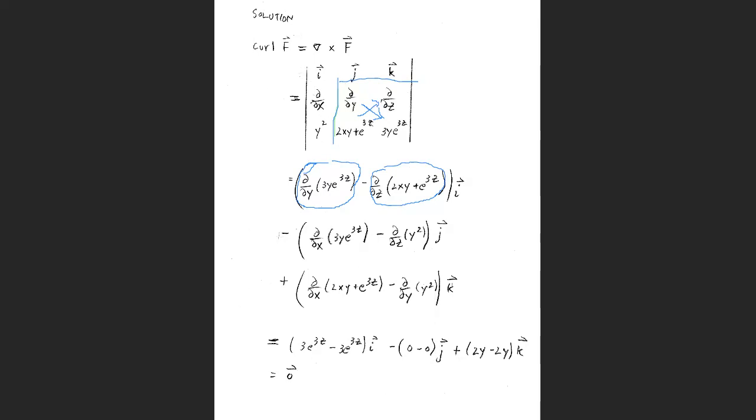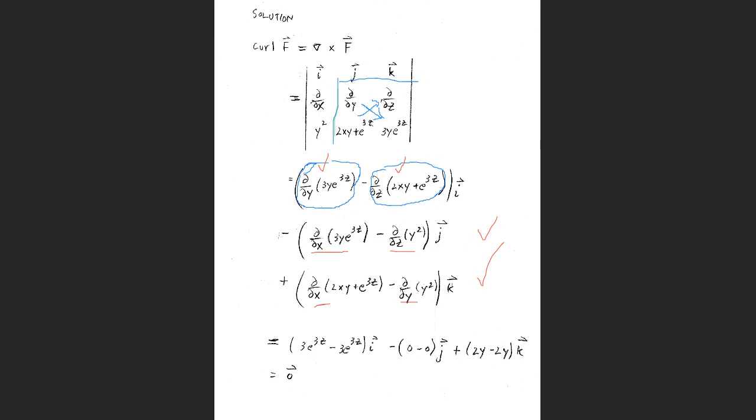It looks like multiplication, but it's not. It's just a way to remember how to get the curl. We do the same thing for the other two pieces of the determinant.